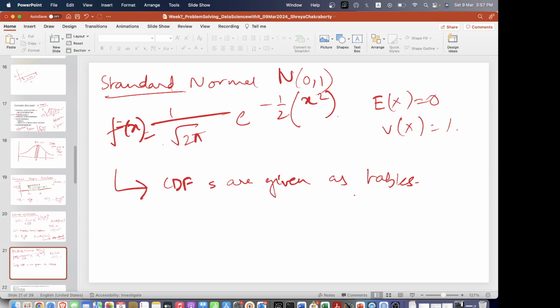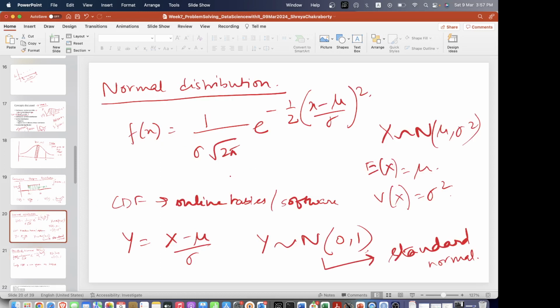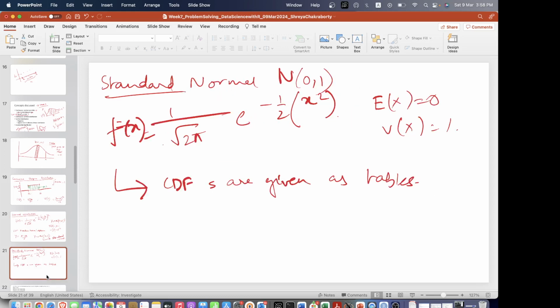Nowadays, we have software, so it's not an issue. But imagine when this distribution was first created, calculating this was a very difficult thing. Comparatively, any calculation with the PDF was relatively easier, and the standard normal tables and any distribution tables that we have now were initially computed by hand.